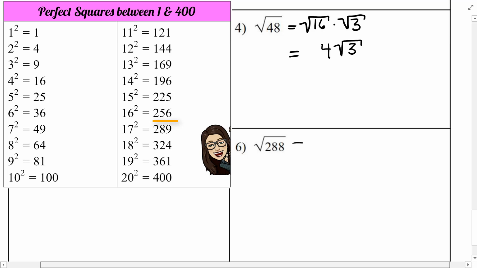And it turns out that 144 times 2 is 288. So the square root of 144 times the square root of 2 is the square root of 288. And now we will simplify. The square root of 144 is 12 times the square root of 2.